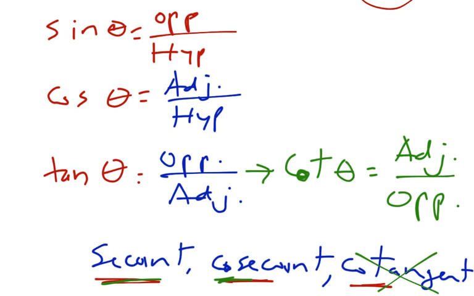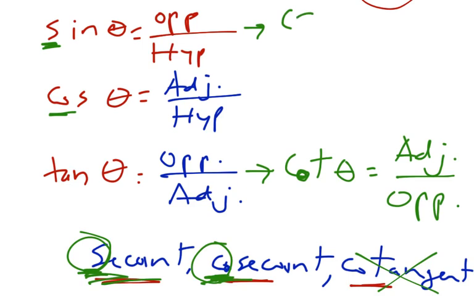The way that I remember is the following. If you notice, on these two I have sine, which starts with the S, and cosine, which starts with the C. The other two also start with an S and with a C. So the way that I remember is that you always have the opposite letter, and that's going to be your inverse. What I mean is the following. Sine, I have an S here and I have a C here. So the opposite is not the S, it's the C. So I have here that the cosecant will be the inverse function to the sine.